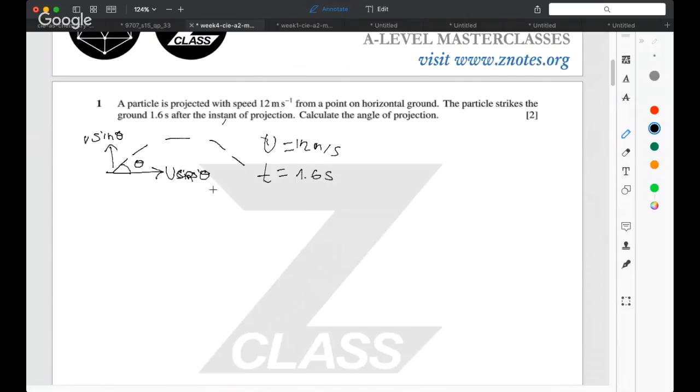So if I look at the horizontal component, what determines the time for it to drop down to the ground? It's speed and mass. Is it horizontal or vertical? Does it matter what speed you have for the horizontal direction?